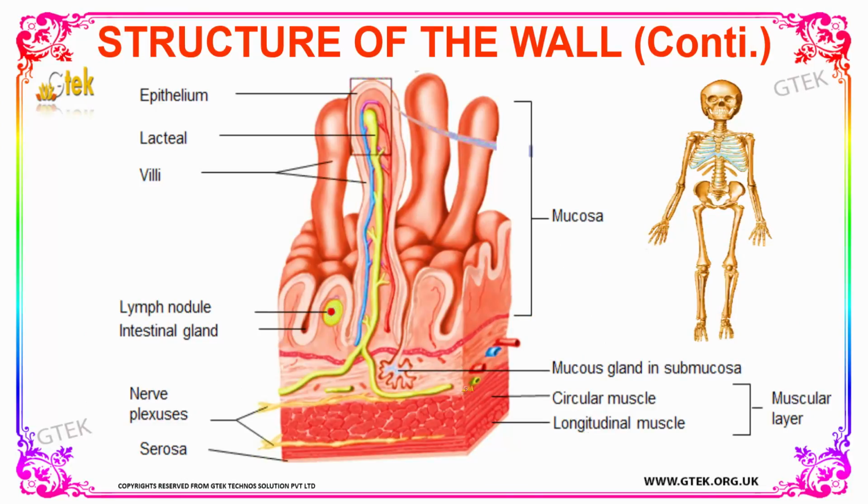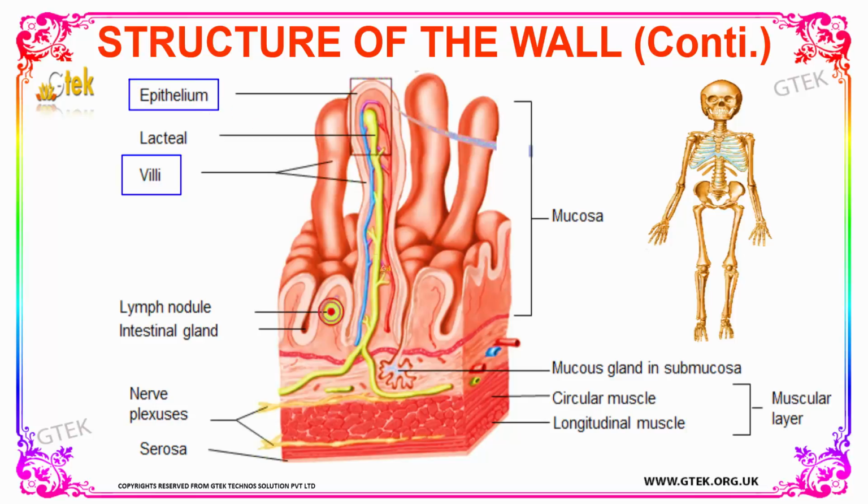Your structure of the wall in detail looks like this. The wall has finger-like projections known as the villi. Your villi are responsible for the absorption of the nutrients that are produced from your food.